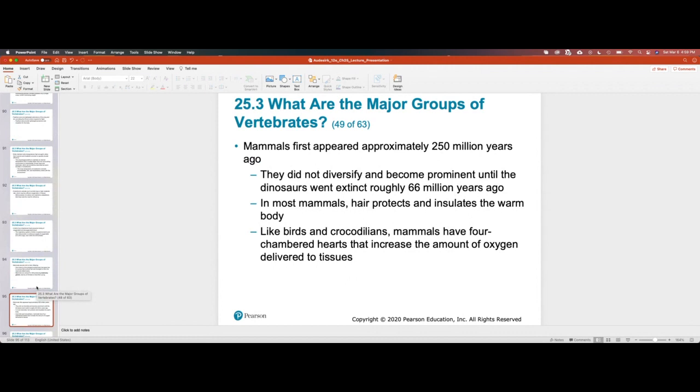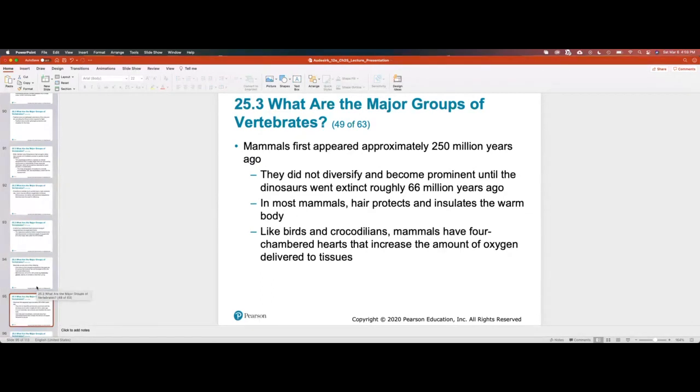Even though they'd been around for quite a long time, 250 million years ago, they really didn't start to develop and diversify from small rodent-like creatures to the wide diversity we have now.